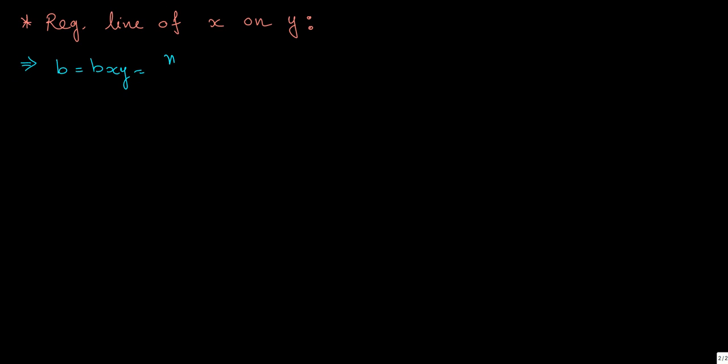It is equal to n sigma xy minus sigma x into sigma y upon n sigma y square minus sigma y whole square. Okay. See, in both the regression coefficients, the numerators are equal.